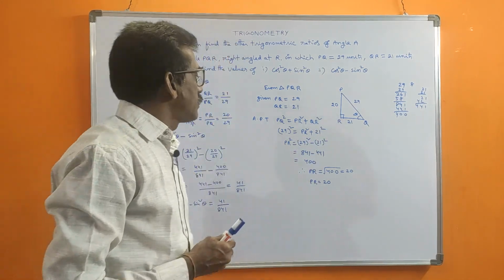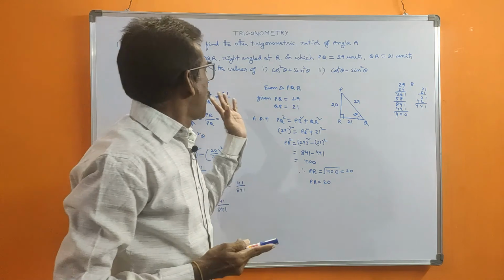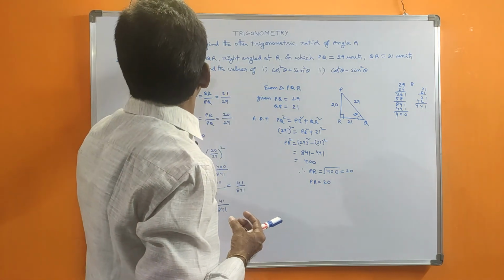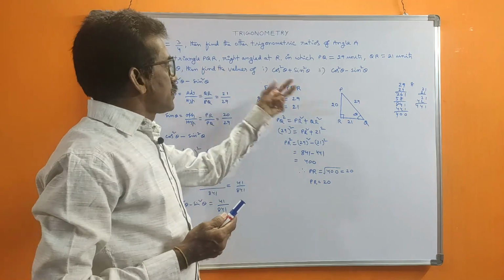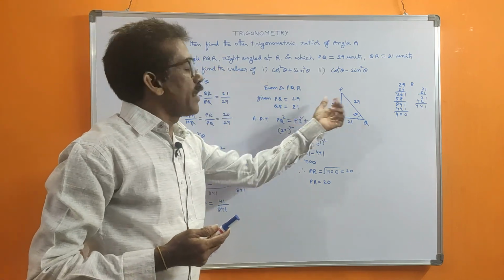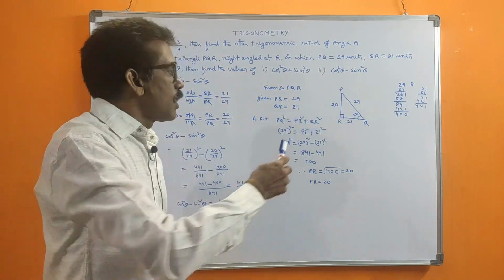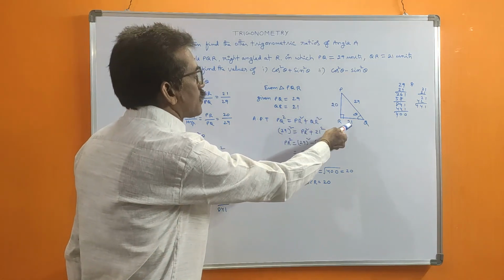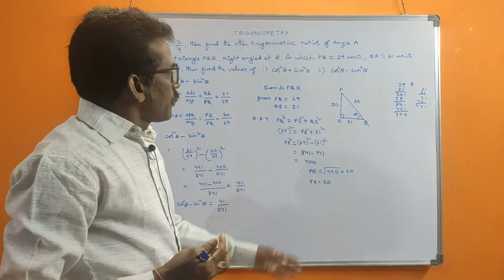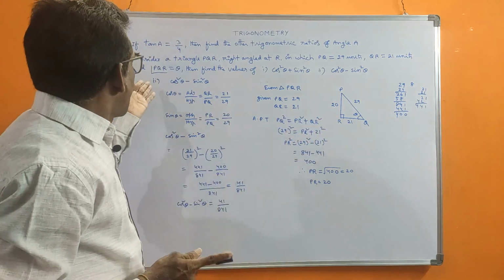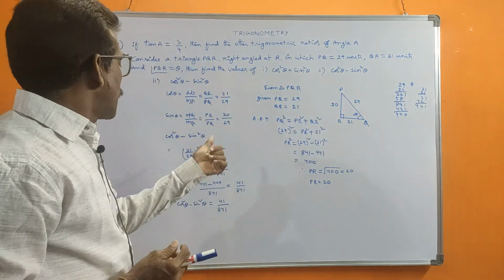If you know this simple technique, any value, sin or cos or any value, will be given. Any value is a ratio of two sides, which means we know two values by ratio. If you know two values, the third value we can find by using the Pythagoras theorem. Finish. Once we know the third side, we can directly write the values using formulas.